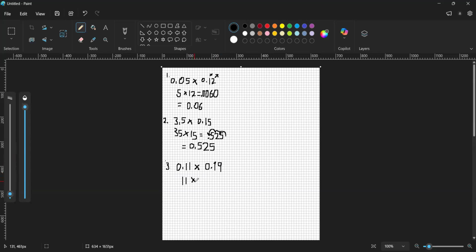And then I can see in 0.19, there's 1, 2 decimal jumps. So that would make the current answer 2.09. And then in 0.11, there's 1, 2 decimal jumps. So that would make the final answer 0.0209.